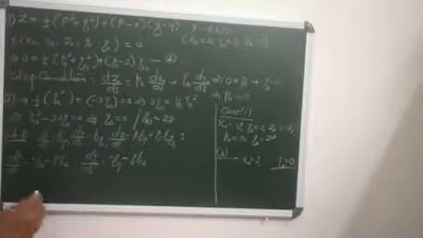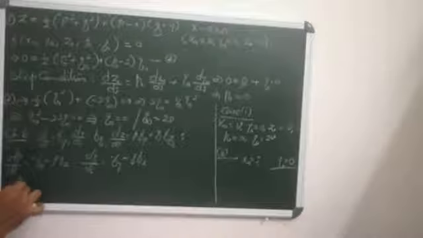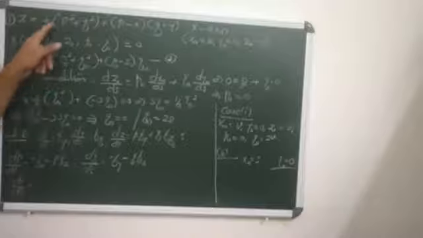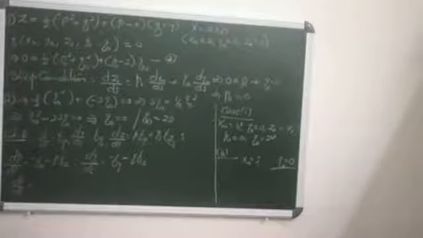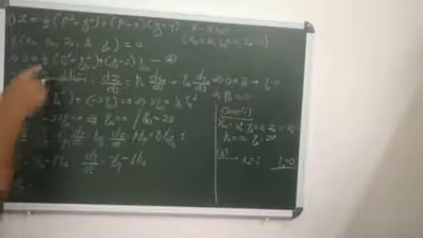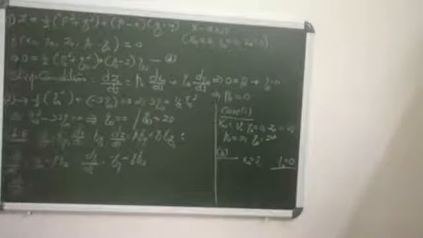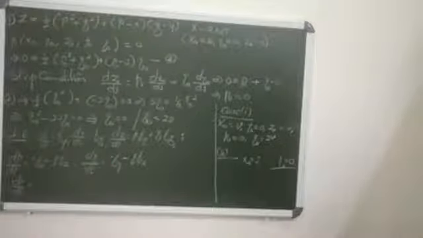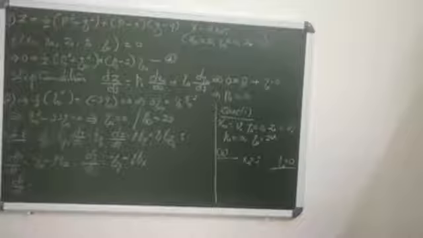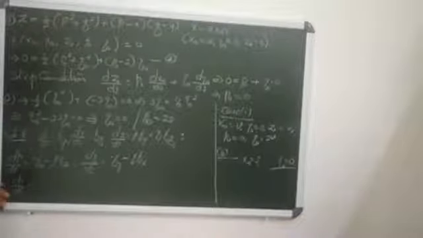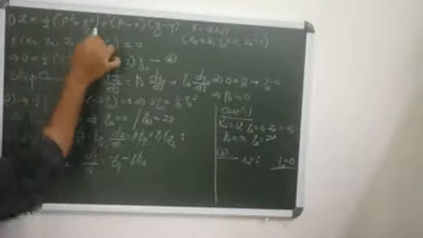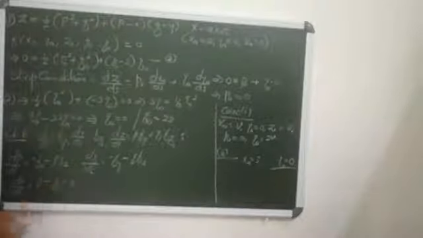So from here, what is dx by dt? It is fp, where f is half of p squared plus q squared plus this term.